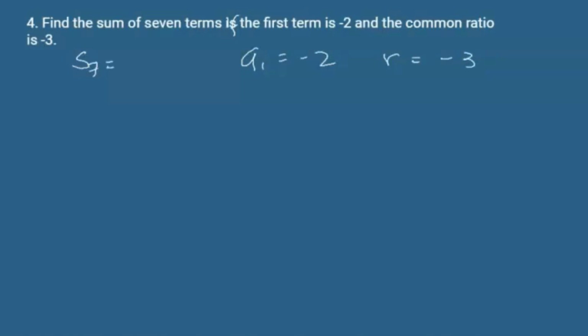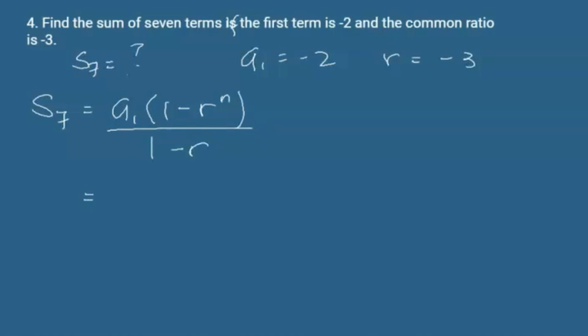So using the formula, S sub 7 would be a sub 1 times 1 minus r raised to the nth over 1 minus r.